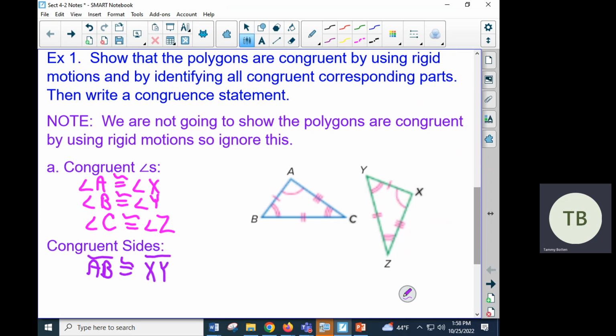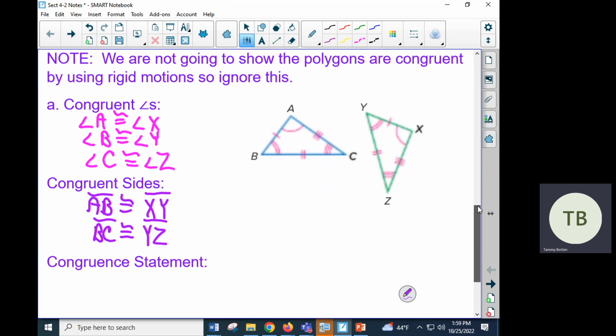Okay. Then I would go to the sides that have two dashes and I'd say BC is congruent to YZ. And if I said YZ and you guys said segment ZY, that's the same thing. Okay. So YZ or ZY are the same.